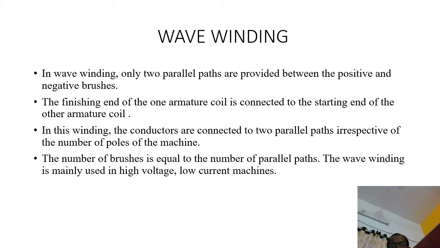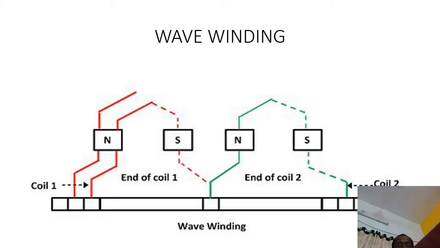In this winding, the conductors are connected in two parallel paths irrespective of the number of poles of the machine. The number of brushes is equal to the number of parallel paths. The winding is mainly used in high voltage, low current machines, whereas lap winding is used in low voltage, high current applications. This is the wave winding diagram you can observe.